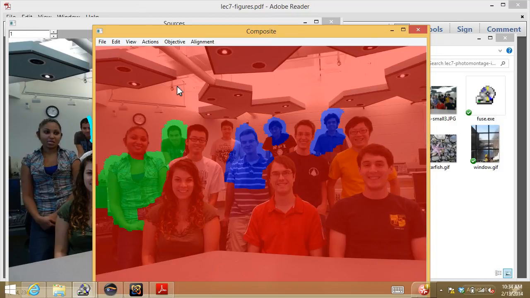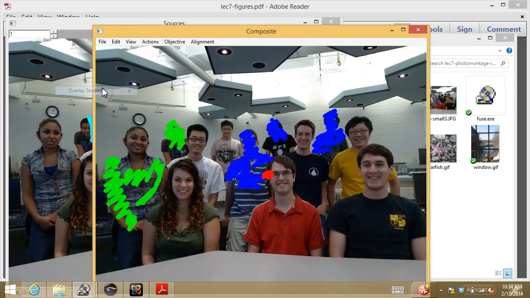Almost all of the image turned out to be from the original red image, but I chose the head and the arms of this woman and the head of this guy from the green image, and I chose these heads and this head from the blue image, and this guy's arm came from the red image. So you can see the resulting choice, and these were the original strokes that I used to get there.